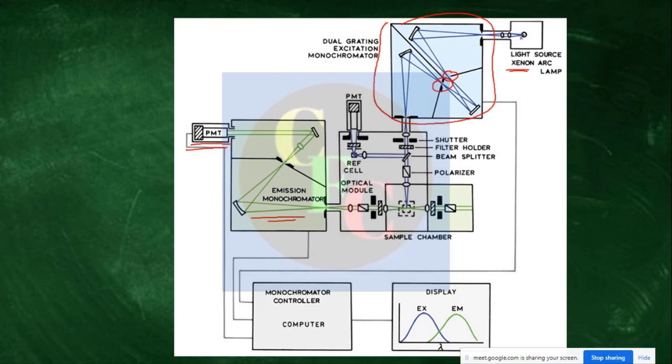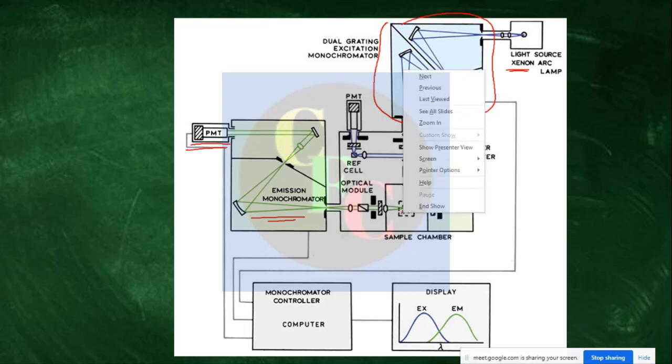The illumination from this xenon lamp is directed towards the elliptical mirror, which reflects it back to the entrance slit of the monochromator. Then it gives it to another elliptical mirror, which redirects it through various sophisticated optical arrangements to the sample chamber.